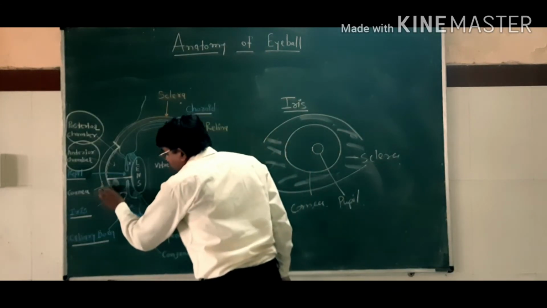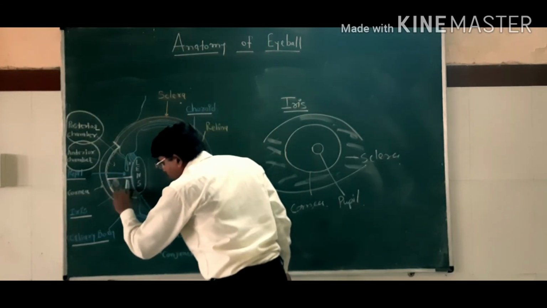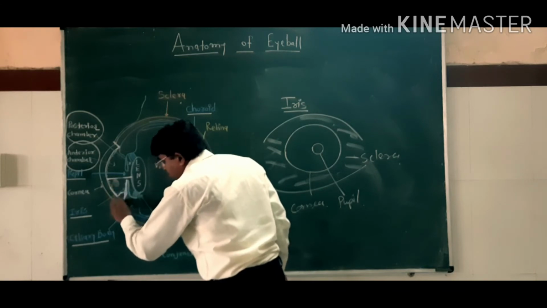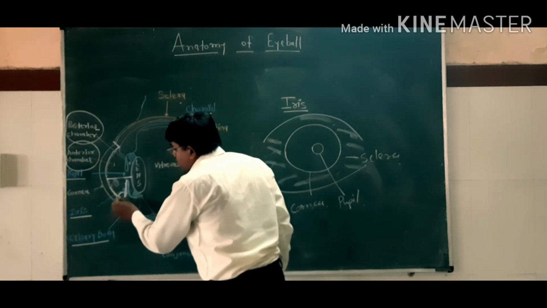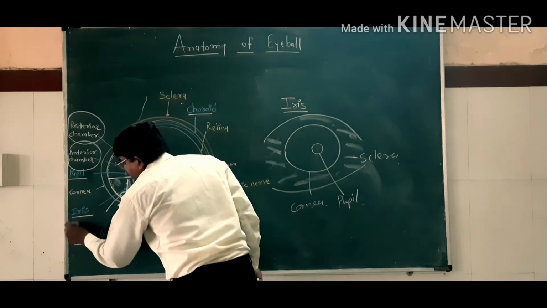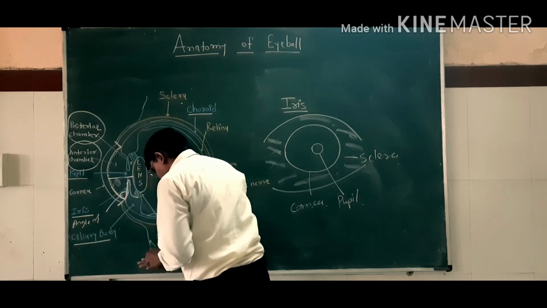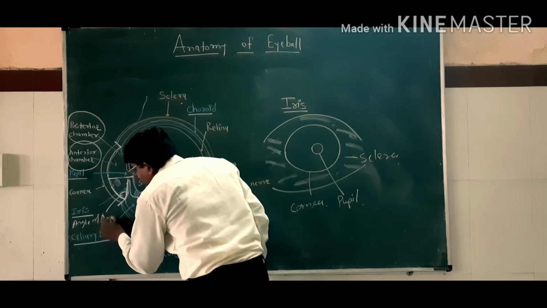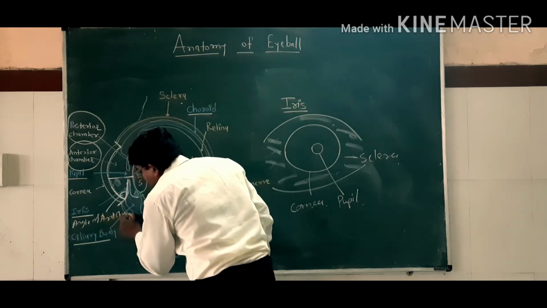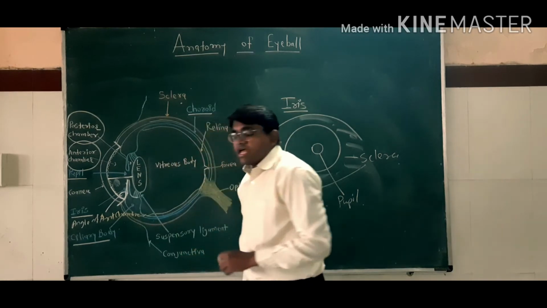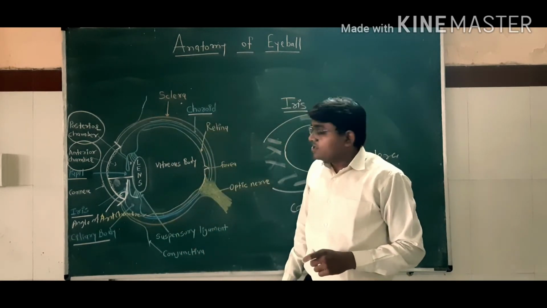This angle between the iris and the cornea is known as the angle of the anterior chamber. What? Angle of anterior chamber.